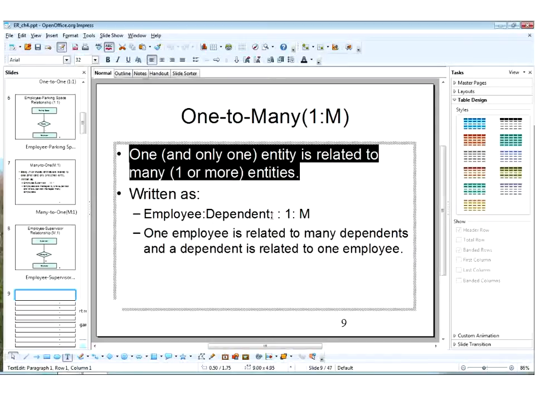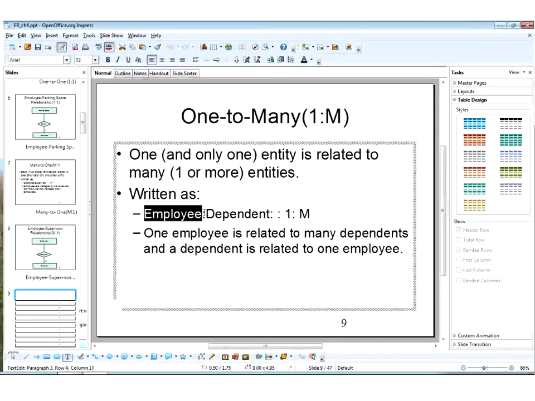Employee and dependent. In this case, one employee can be related to one or more dependents. So there we go. One employee, notice the one here, is related to many dependents, and a dependent is related to one employee. So an employee can have more than one, and dependents only have one employee that they're related to.